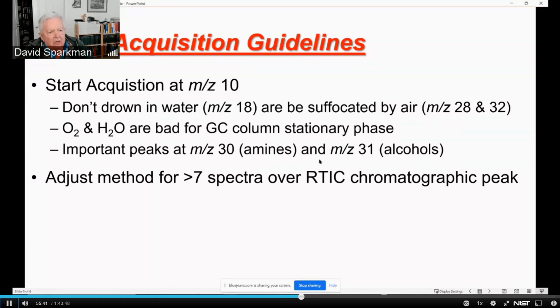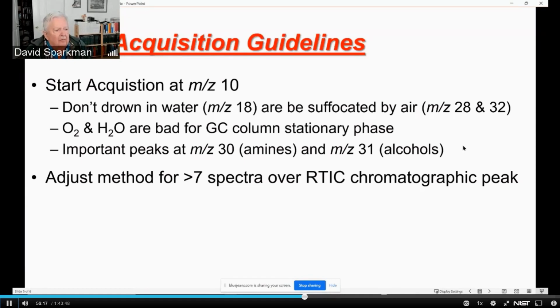And if you start your acquisition so that you avoid air and water peaks in the mass spectrum, then you are going to run into a problem with not seeing these ions for amines and alcohol. Also, even if you do have small leaks that you allow to continue and you process your data with AMDIS, it will remove those ions from the deconvoluted spectrum.